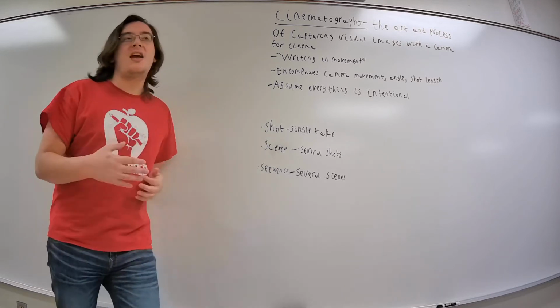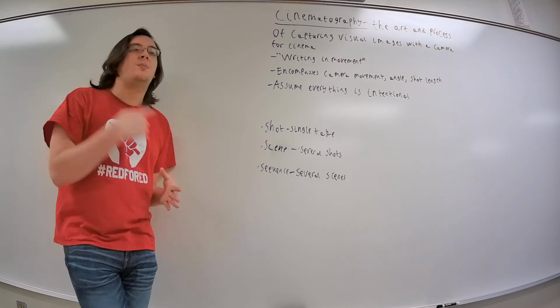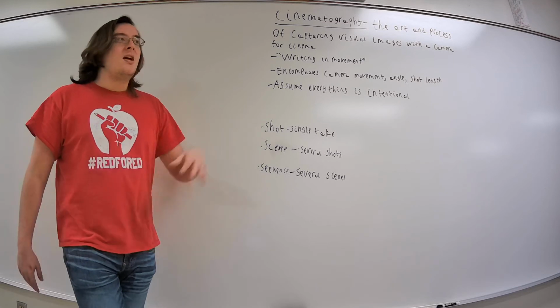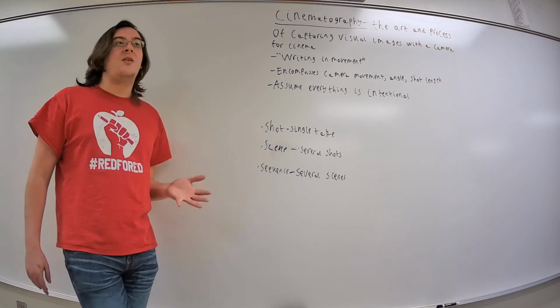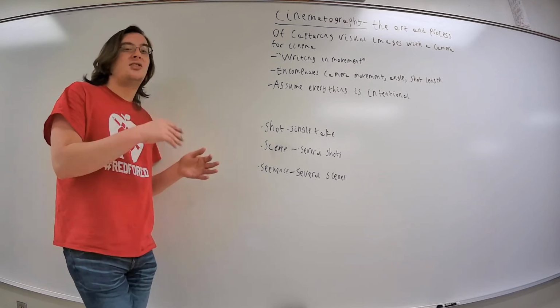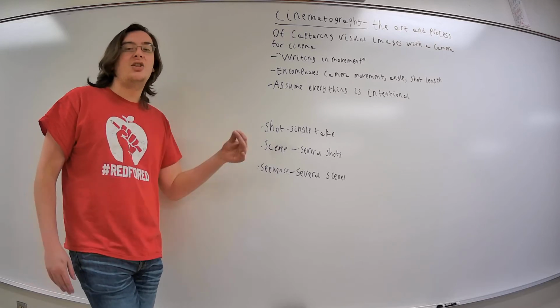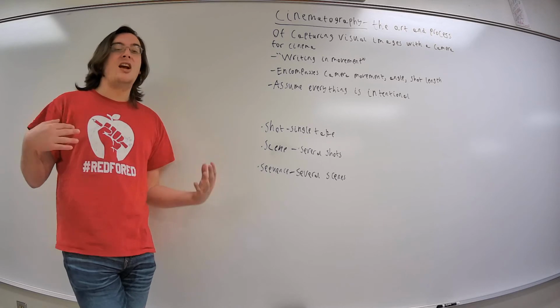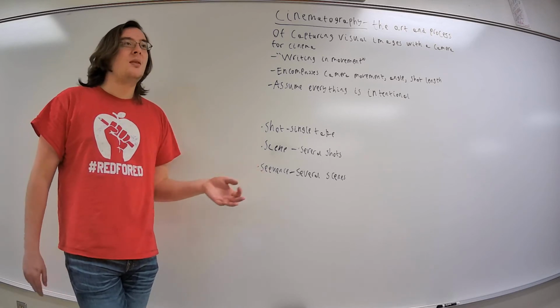So that's why, because you can do multiple takes and because editing exists, we should assume that everything you see on screen and hear is intentional. The director wants that there for some reason. It's there to help convey the message.